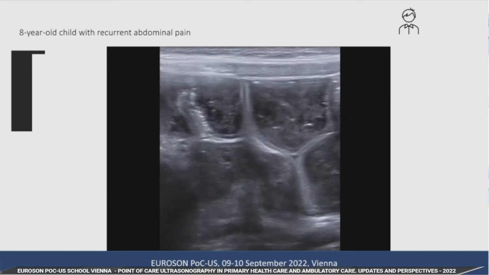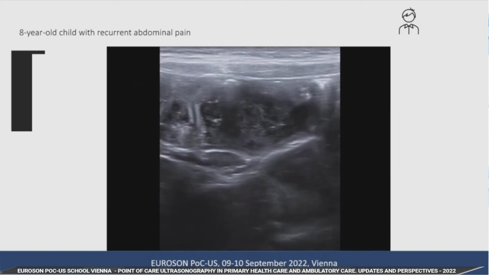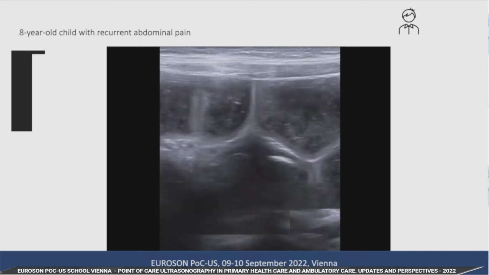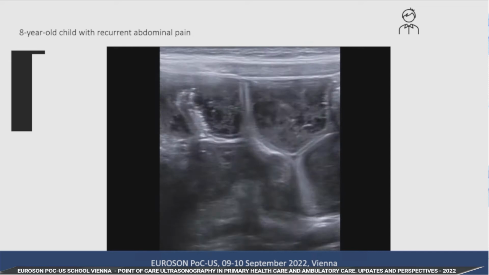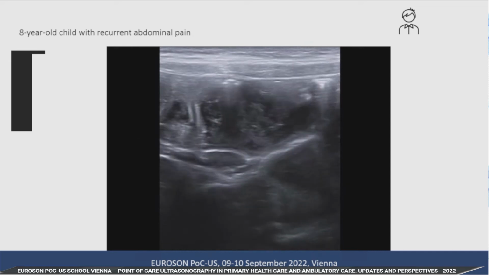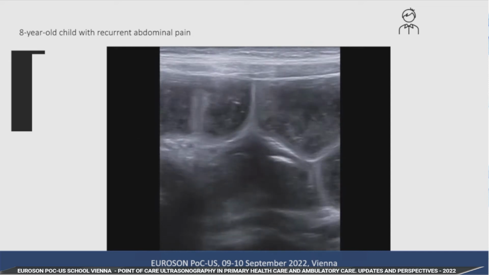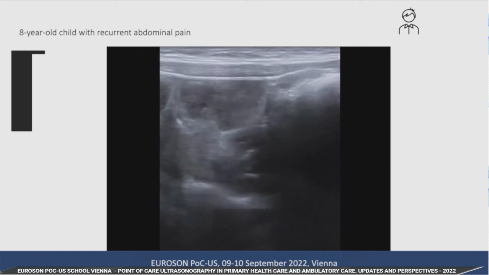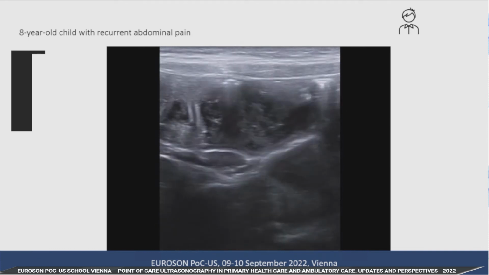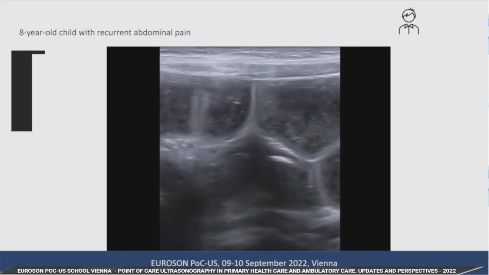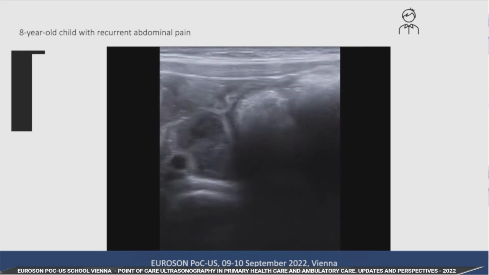And there is a child who has recurrent abdominal pain. The child is very thin, smaller than his friends in primary school. We place a linear transducer, and we can see bowels with a lot of movements. And the final diagnosis is not from the ultrasound examination.